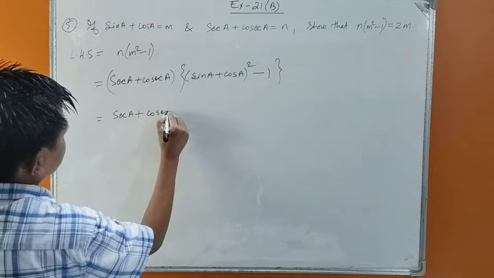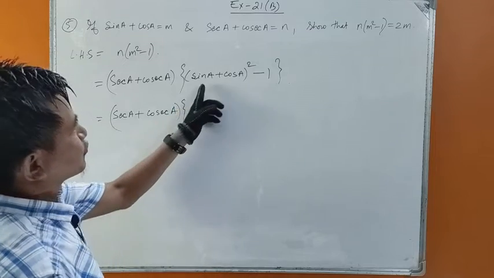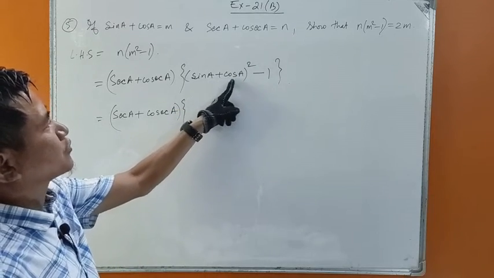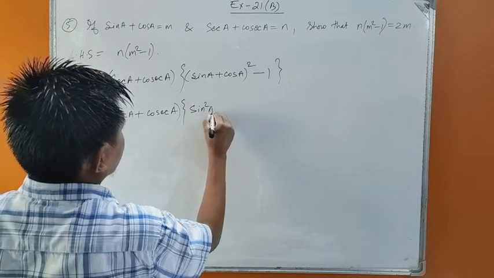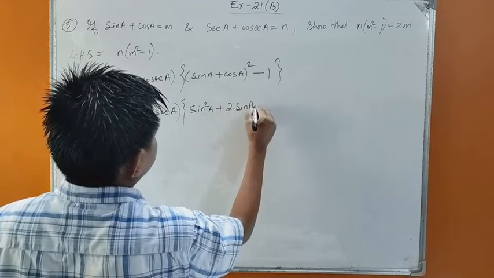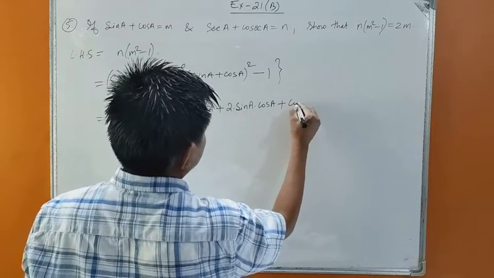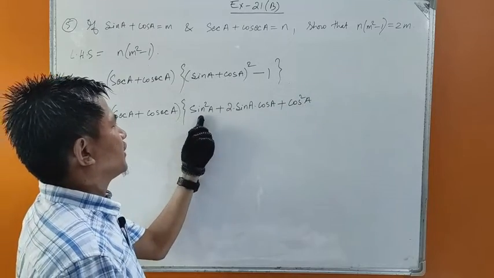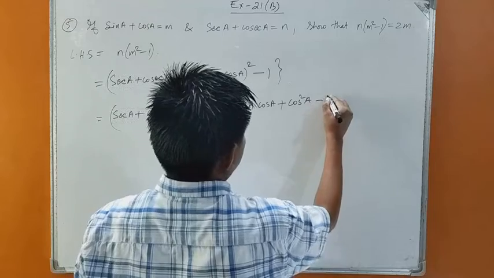Okay, cosec A into, let's put the formula (a plus b) whole square in this expression. (a plus b) whole square means a square plus 2ab plus b square, isn't it? Sin is a and cos is b. Okay, a square plus 2ab plus b square and minus 1.